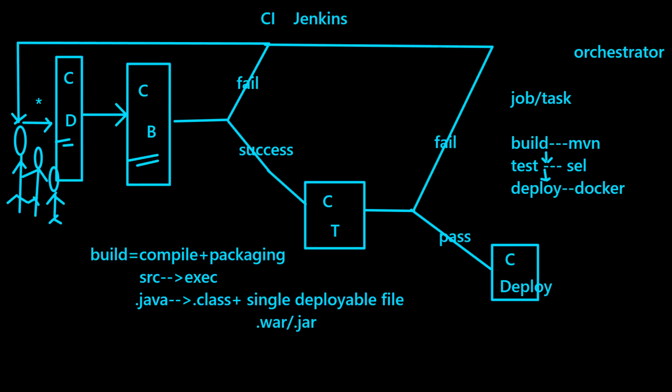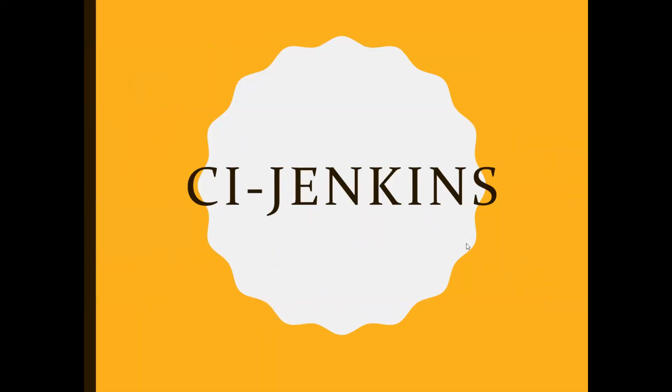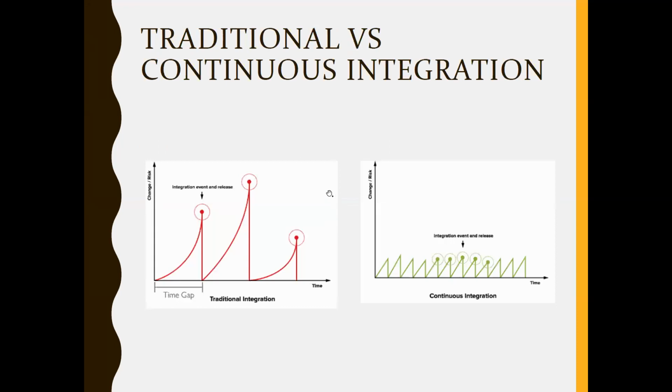Anyone here who worked with traditional integration process? Yes, I did. Okay, first let me go through this. It's a process of automating the build and test process each time a commit is done. That's what we were talking about. Whenever a developer makes a change, it will go through the complete process of automation.